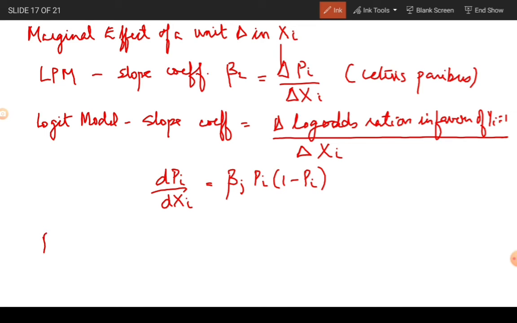In the Probit model, the slope coefficient is a little bit more involved.